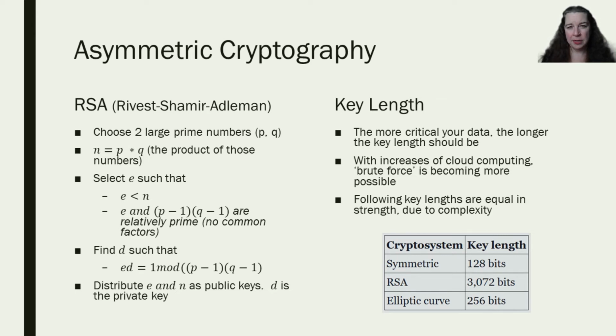Whereas with asymmetric, you're talking about very large key lengths, up around 3,000 bits. The elliptic curve, which we'll discuss in just a minute, takes advantage of the difficulty in solving logarithmic problems, which we'll get into in the next slide. Understand with key length that with cloud computing, brute force is becoming much more possible. So you want to always be aware of the key length and the complexity of your algorithm.